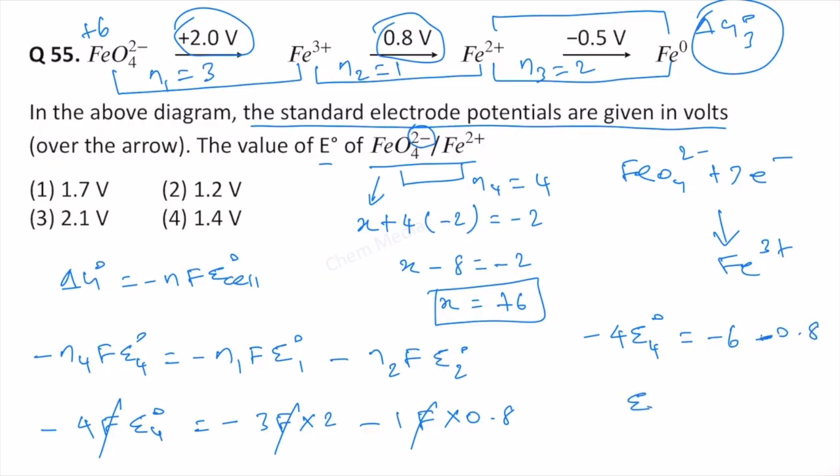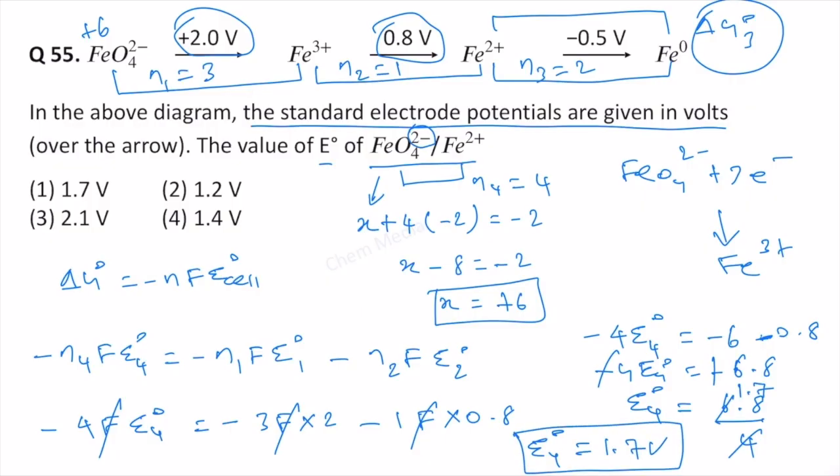Therefore, minus 4 E4 standard is equal to minus 6.8. Minus is common on both sides, therefore I am removing the minus. So, E4 standard is equal to 6.8 divided by 4, that is 1.7. Therefore, E4 standard is equal to 1.7 volt. So, this means option 1 is correct.